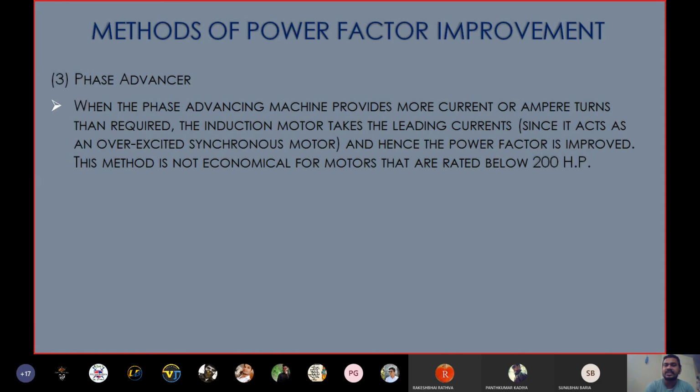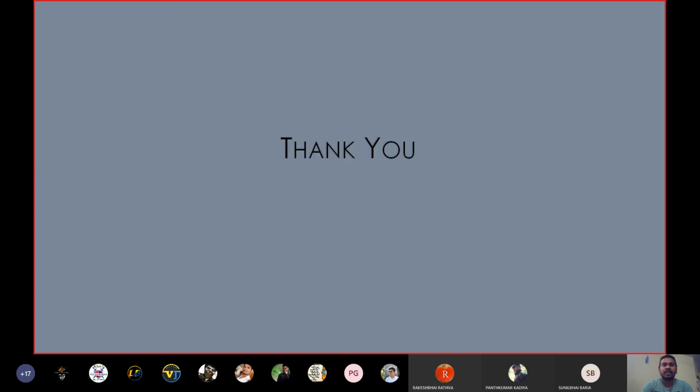So a phase advancer is a commutator machine mounted on the shaft of the induction motor to supply the magnetizing current to the rotor at slip frequency.